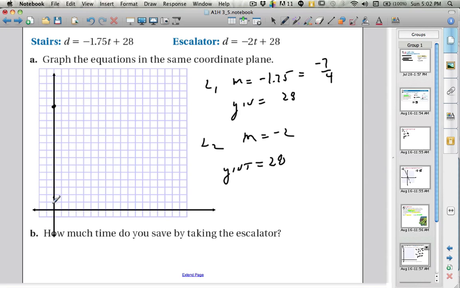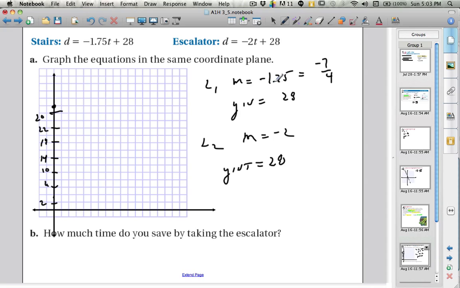So if I do this by 2s, 2, 4, 6, 8, 10, 12, 14, 16, 18, 20, 22, 24, 26. This is 28, and that's the y-intercept for each of my lines, line 1 and line 2.